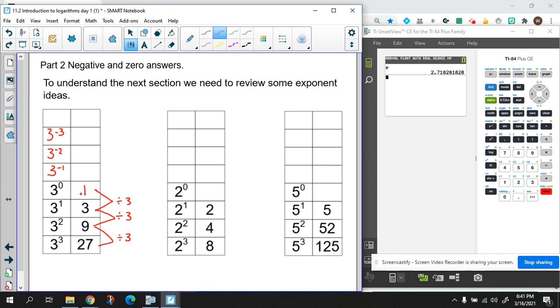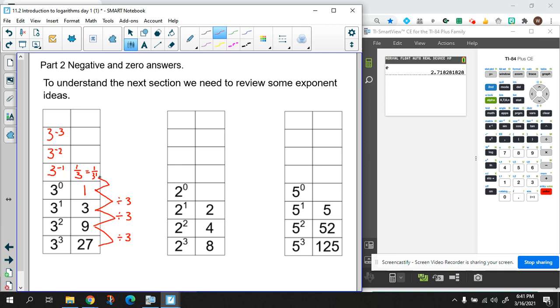It becomes a little more interesting in these next couple. If I try to do 1 divided by 3, and I'm going to write it in fraction form, we get 1/3, or 1 over 3 to the first power. That's going to become important in the next level.